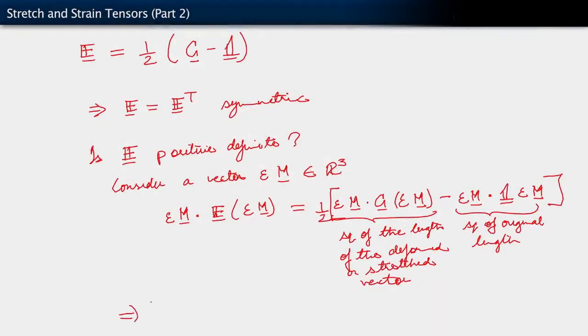So as a result, it implies that this product that we started considering, this thing can be less than 0. Okay?